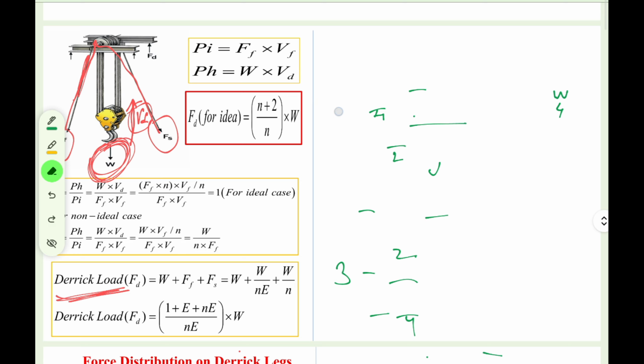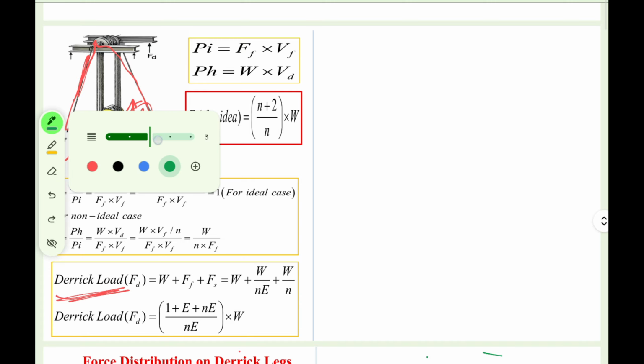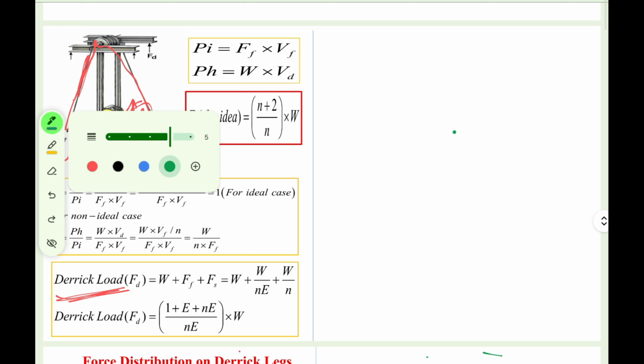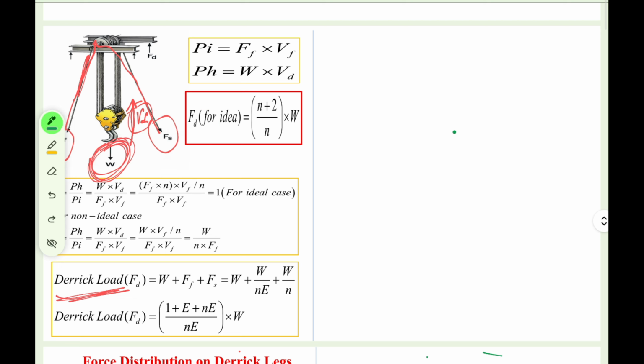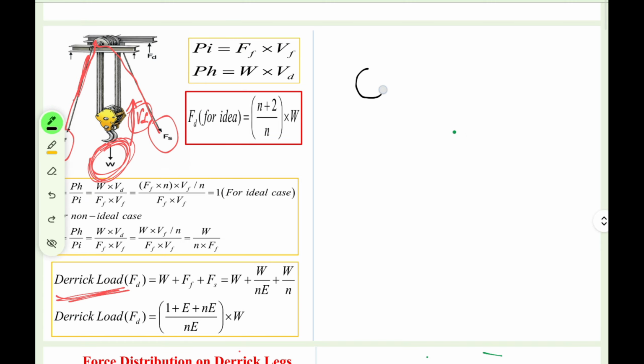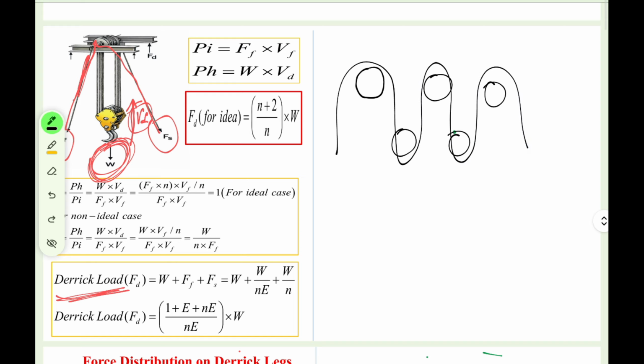Now if I have to draw this diagram again, I can draw it in a very easy way. One rope is over here, one circle is there in between, and roughly this is the traveling block.